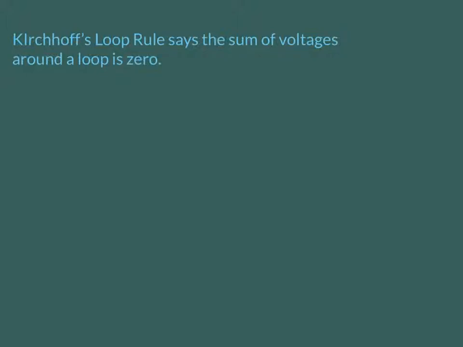Now, the assumption is that it's a loop that consists of something other than voltage sources only, all right? And this rule is just mostly true. Kind of think Princess Bride is mostly true, all right?